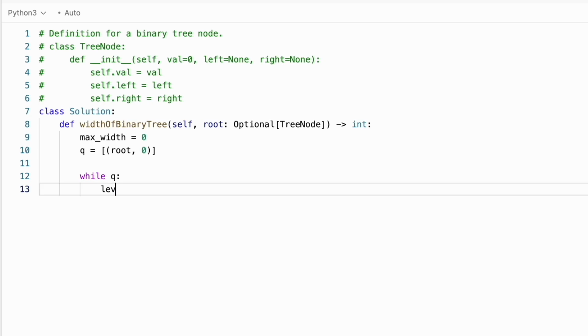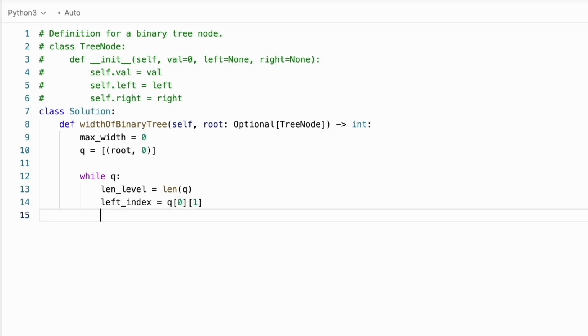So let's call the length of this level length of the queue. To calculate the width at this level, we need the index of the left node, which is always the first element in the queue at that level. So left index is the first element of the queue.